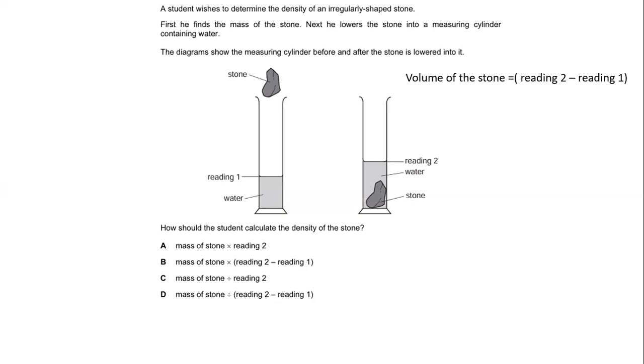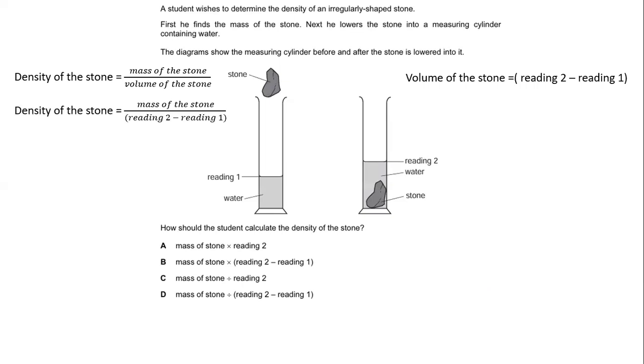So the volume of the stone is equal to reading 2 minus reading 1. The density of the stone is the mass of the stone divided by the volume of the stone, which is reading 2 minus reading 1. So the answer is D.